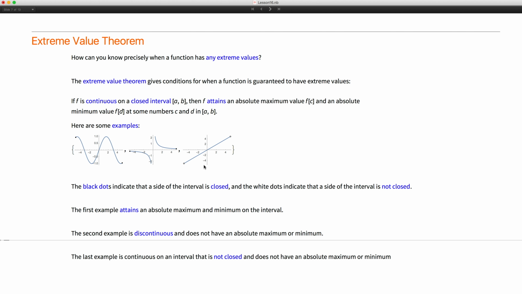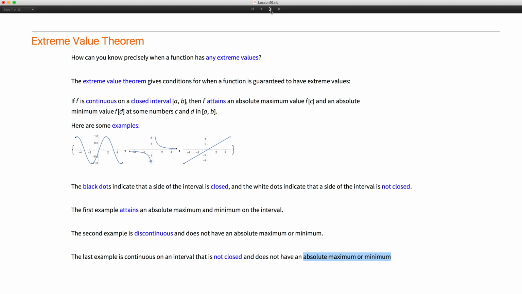The last example is again not quite relevant because here you have an open interval. Because the interval is not closed, therefore you cannot guarantee anything from the extreme value theorem. But in fact, in this case, there is neither an absolute maximum nor minimum precisely because of the issue with missing endpoints.